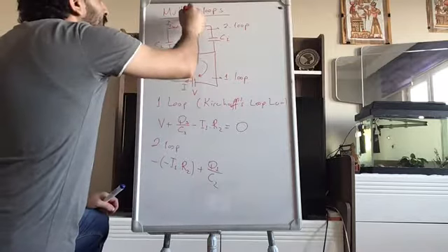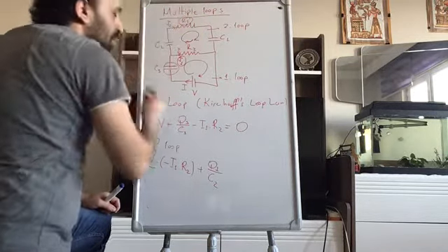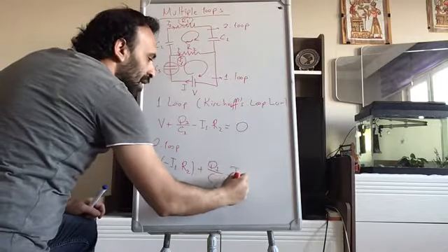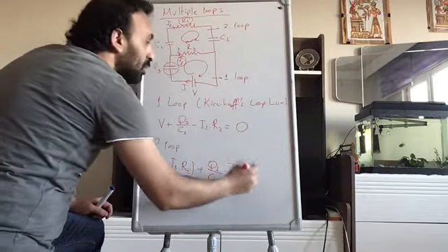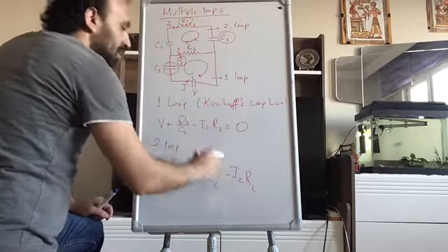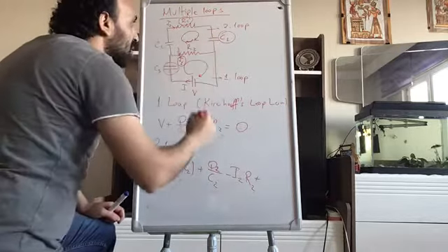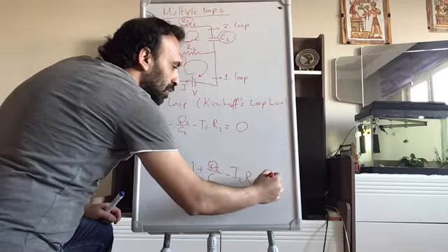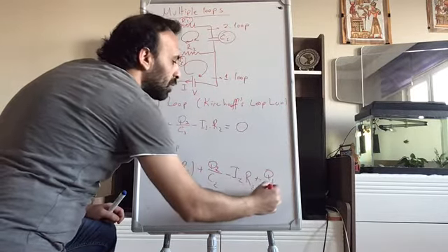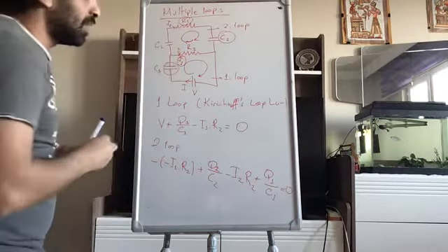Now we come to another resistor and we are in the same direction as the current passing through it. So minus I2 R2. Let's keep going. Now we come to this one. This is Q2 plus, and we are in the same direction as the current. So Q1 over C1, and it should be equal to 0 as well.